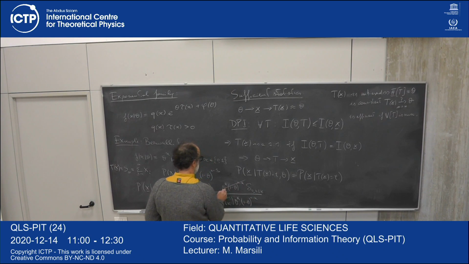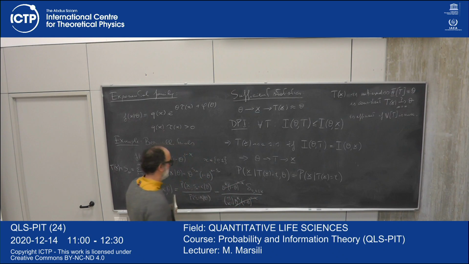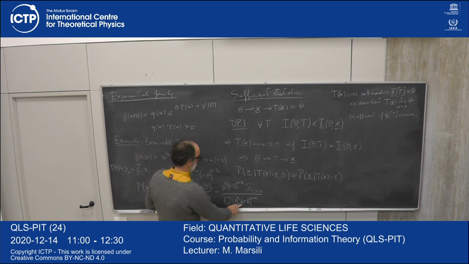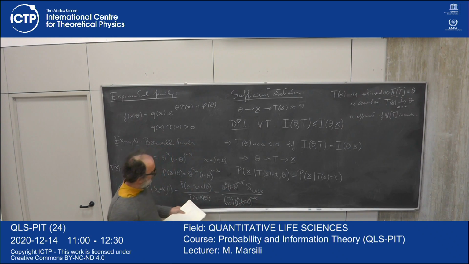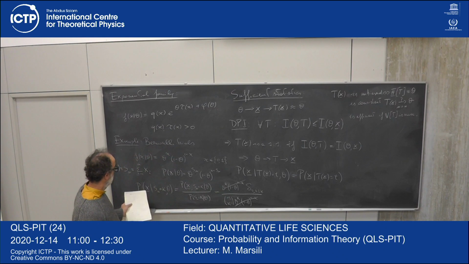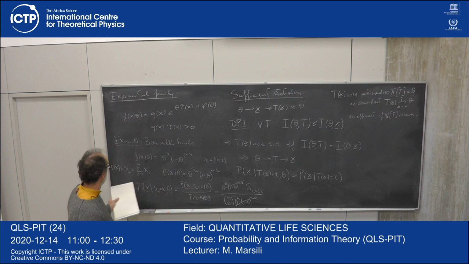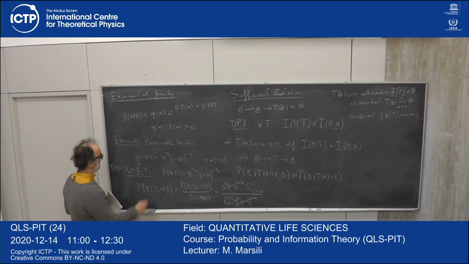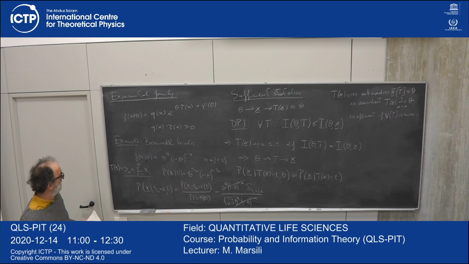So what you see is that this part and this part essentially cancel, and this distribution actually does not depend on theta. So essentially this is a sufficient statistic for Bernoulli trials. Okay?